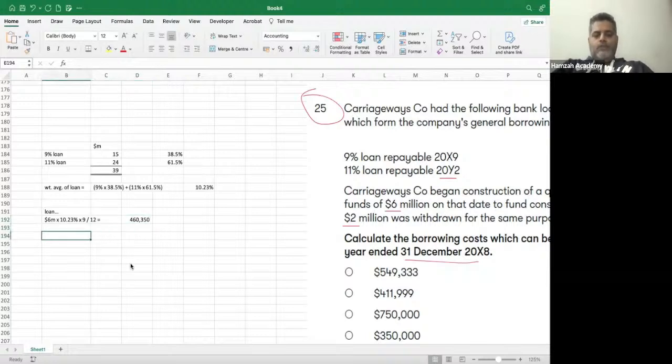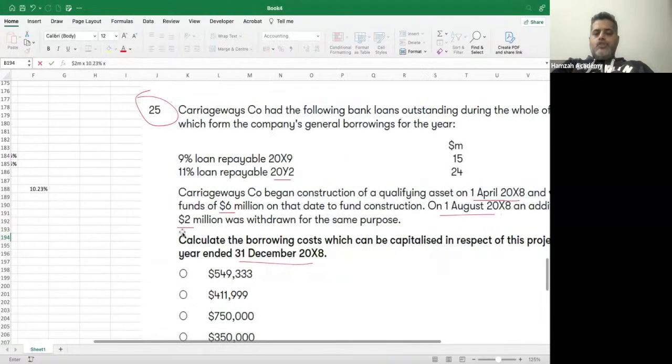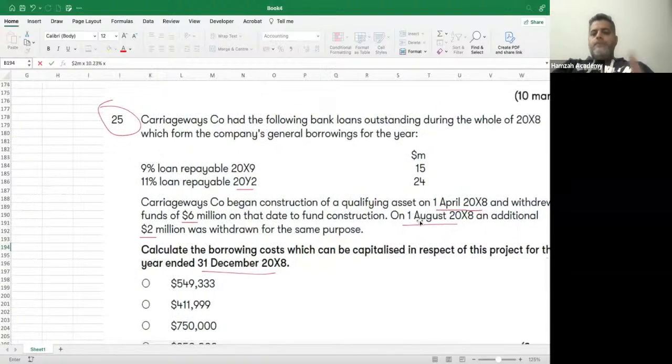Then I took the loan of 2 million at 10.23% on 1st August.